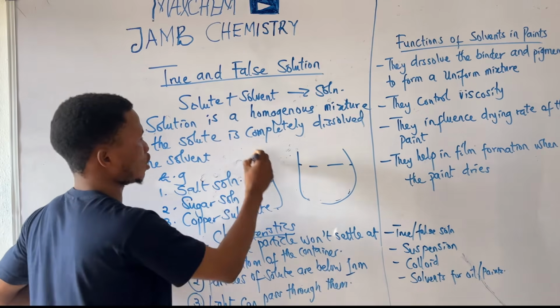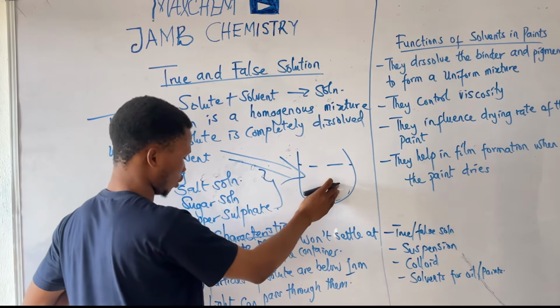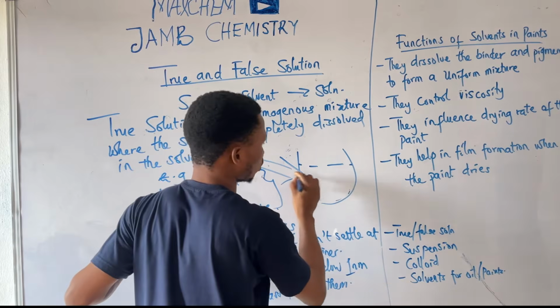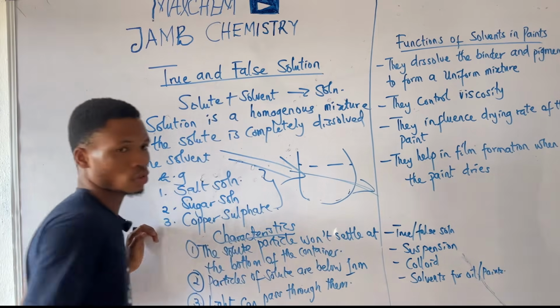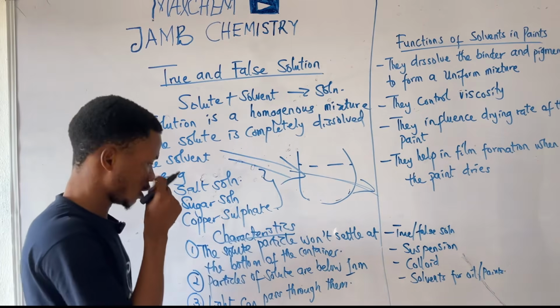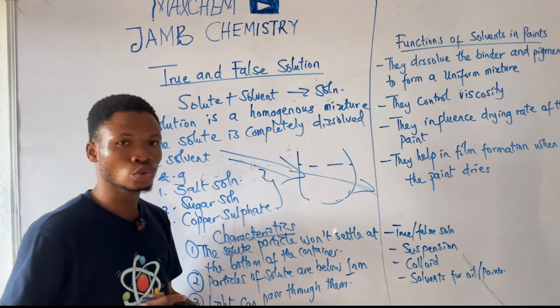When you pass light through a true solution, light should be able to pass through. The light will not be scattered. So that is a true solution.